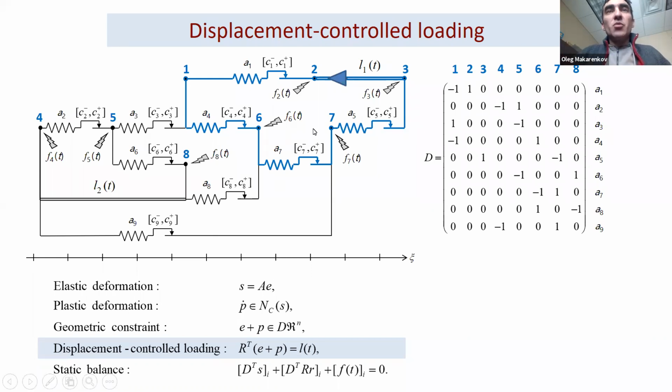So in this system of springs, you see two displacement-controlled loadings. L1 locks the distance between node 2 and node 3. And here L2 locks and controls the distance between node 4 and node 8.